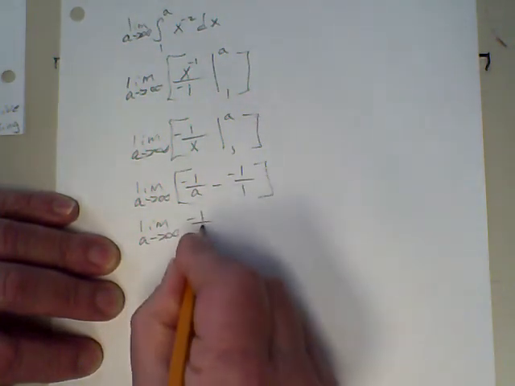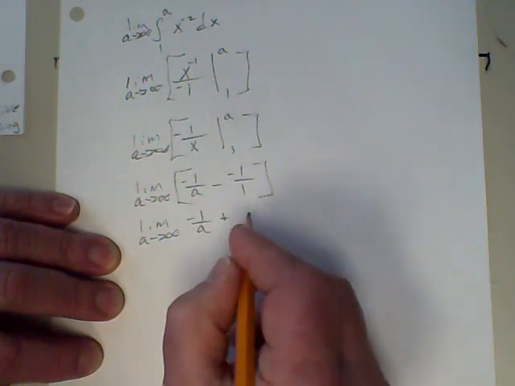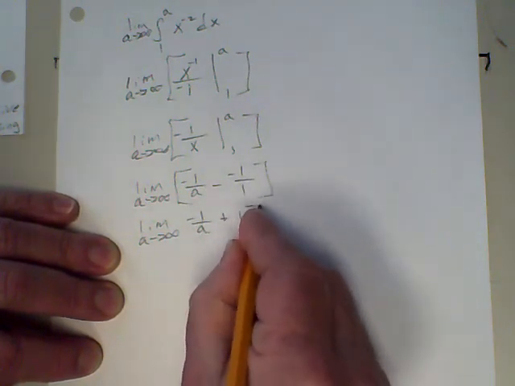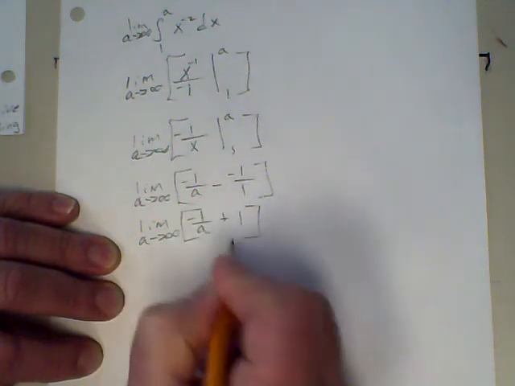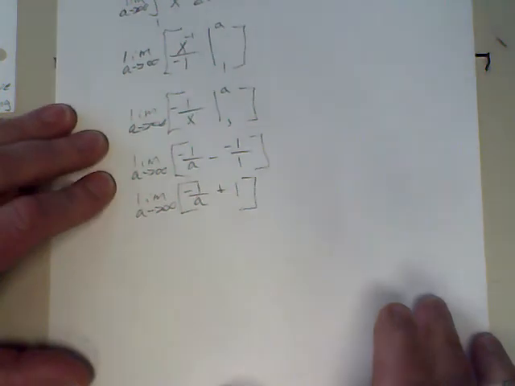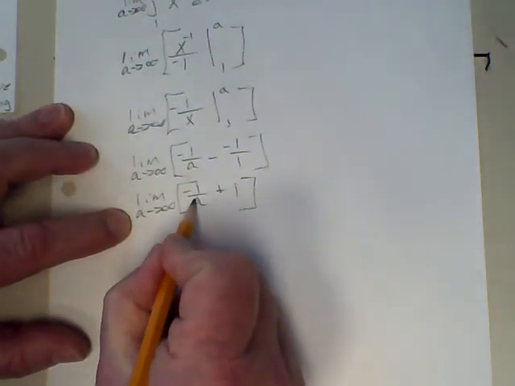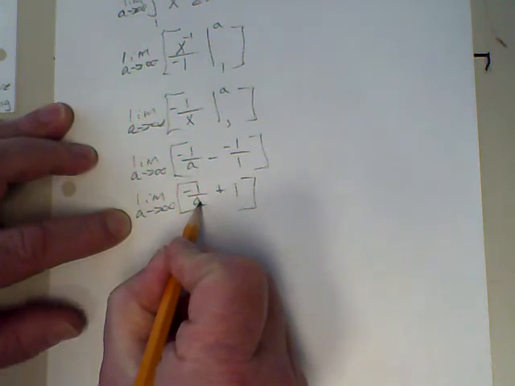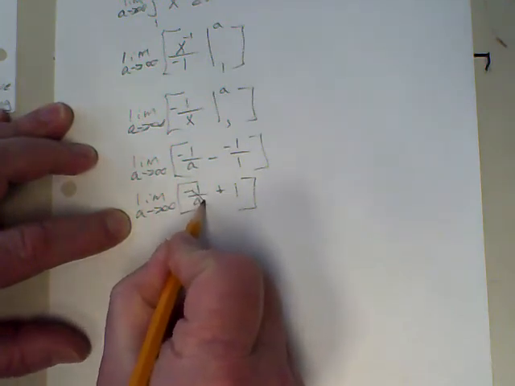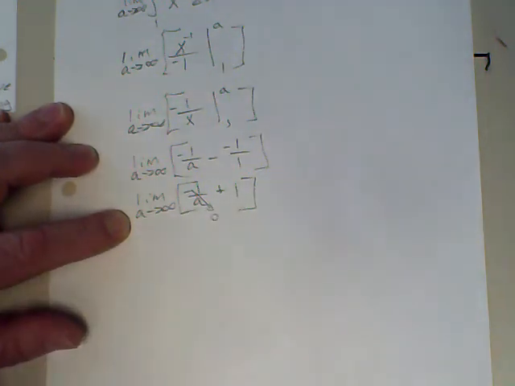Negative 1 over a, minus negative 1 over 1, which is plus 1. All right, so this integral then, when we let a go out to infinity, the denominator of this fraction gets large, and we know that when the denominator of a fraction gets large, the value of the fraction gets small, and so this is going to go towards 0.